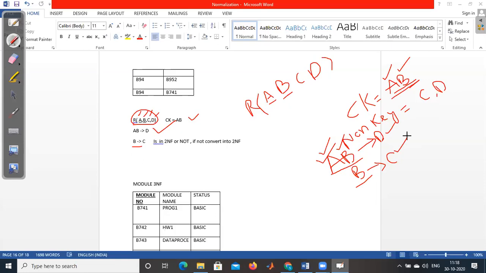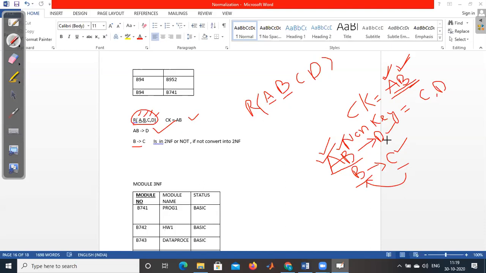C is a non-prime attribute. According to second normal form, all non-prime attributes should be fully dependent on primary key attributes. A and B are the primary key attributes, but C is dependent on only B. This is partial dependency, not full dependency.